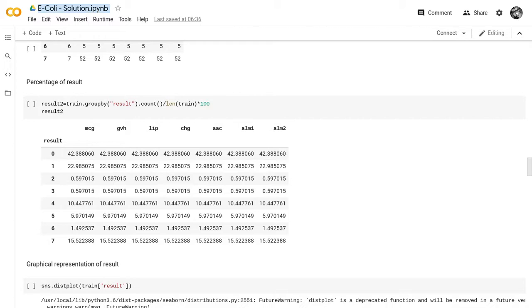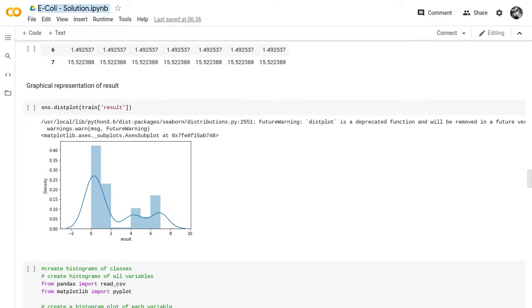So 0, we had 42.38%. 1, we had 22.98%. 2, we had less than 1%. 3, we had less than 1%. 4, we had 10.44%. 5, we had 5.97%. 6, we had 1.49%. And 7, we have 15.52%.